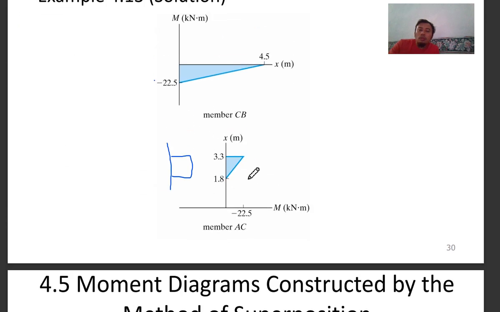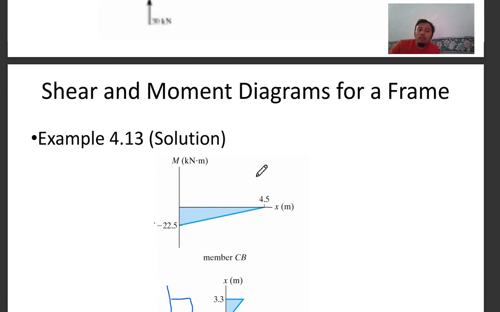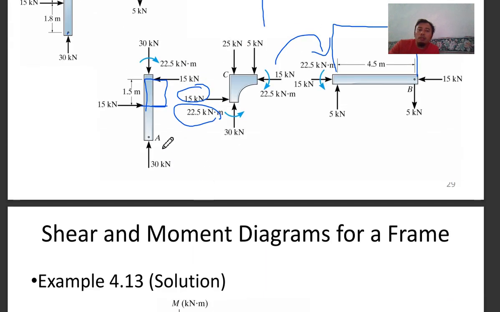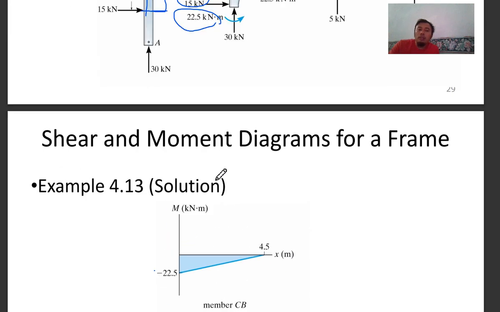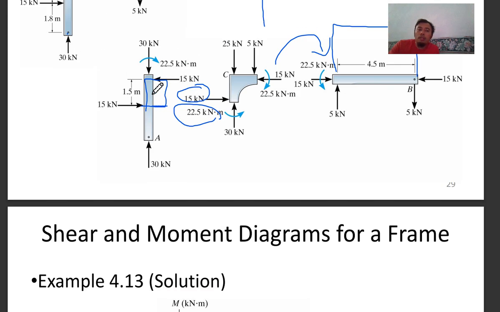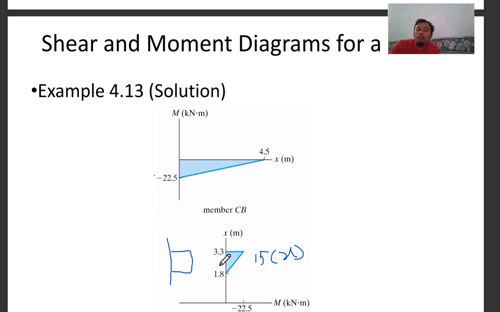If it is calculated as a function here, the function of the bending moment diagram will be this one here. Maybe it is 15 times x. As you analyze from the 15 point here up until the end of the member, the value will be increasing up to 1.5 meter. So that's why your value is linear.